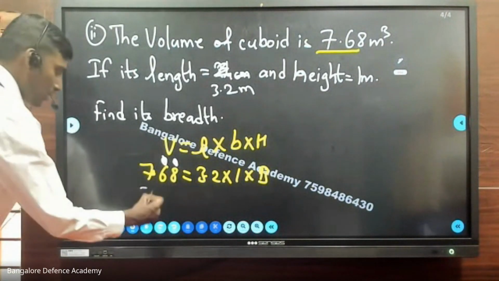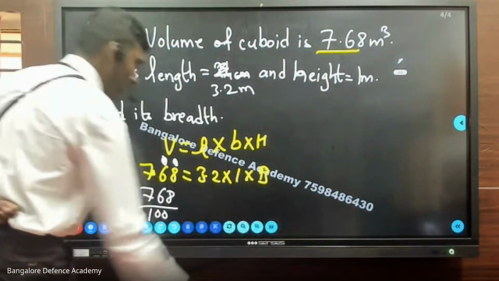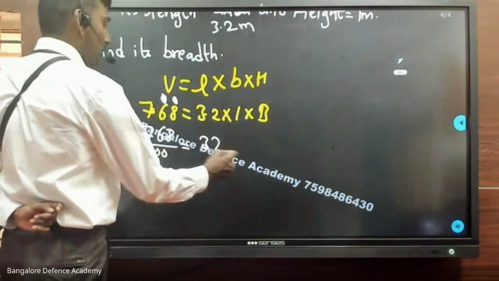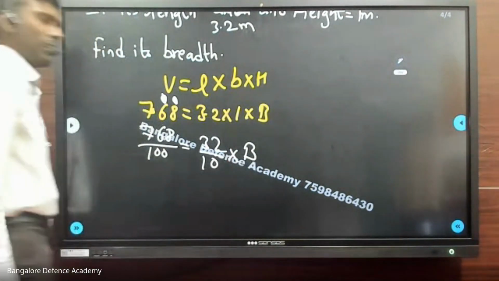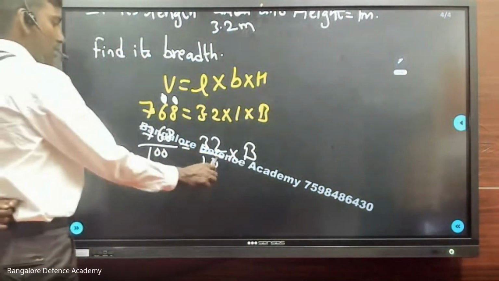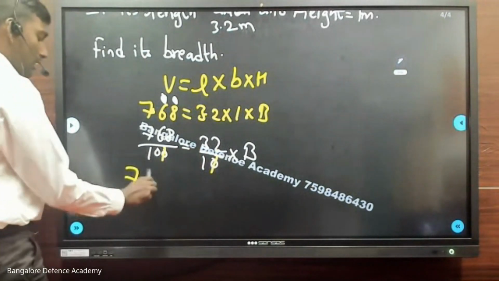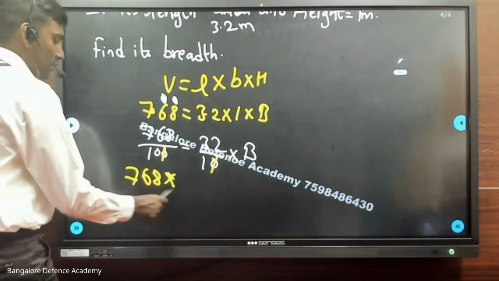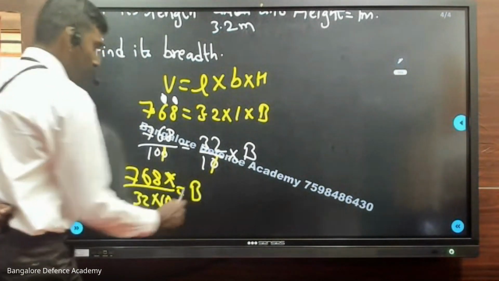So I can write this as 768 by 100. This is nothing but 32 by 10 into the same number. Now this 0 and this 0 get cancelled. Now 32 comes here. That means 768 by 32 into 10. Keep 10 as it is, and this is breadth.